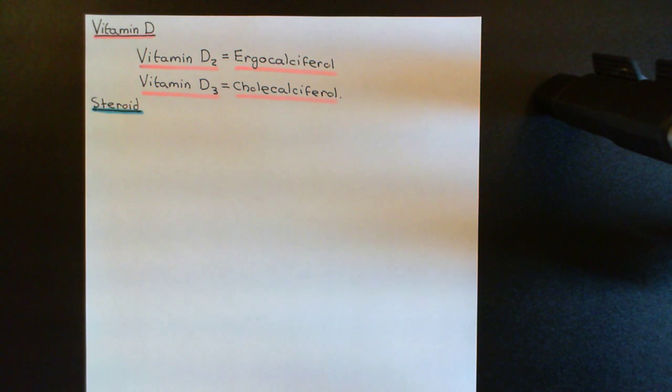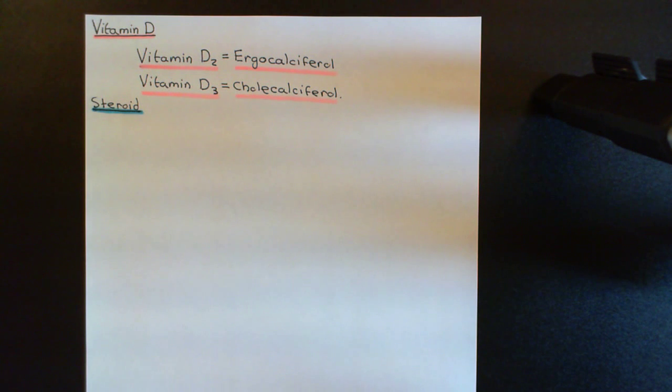Whereas in fact steroids are defined on an organic chemical basis, i.e. what is the actual structure of the molecule. And indeed a steroid molecule is one whose structure is based on a certain chemical structure that I'm about to put on a piece of paper in front of you.